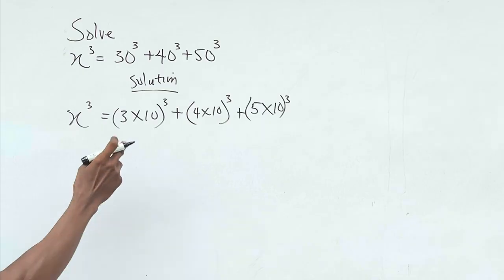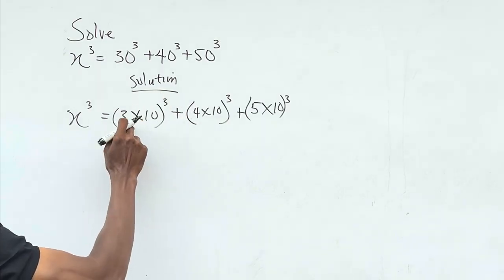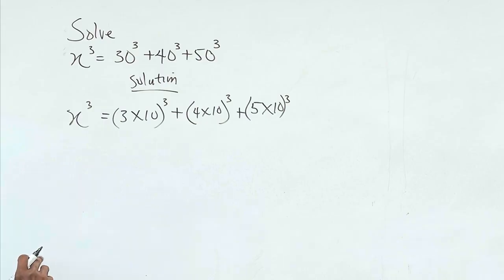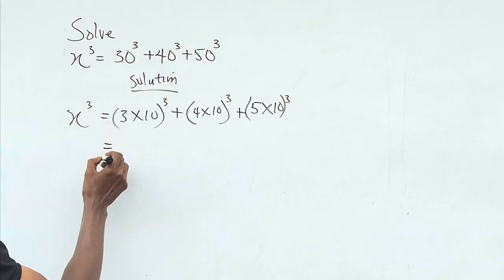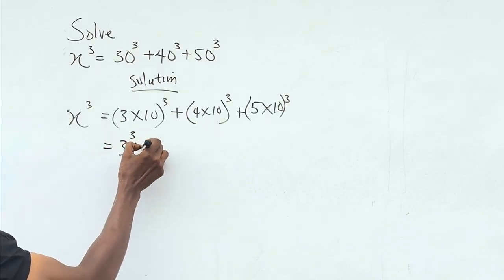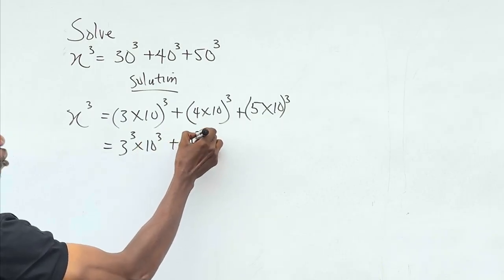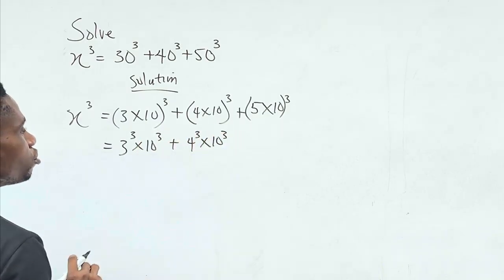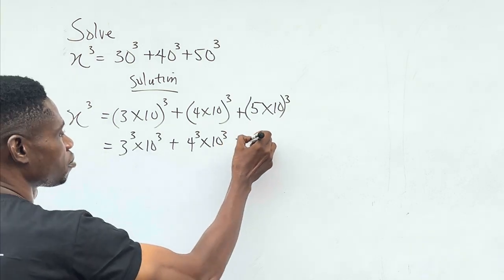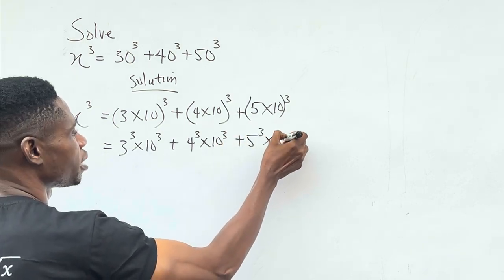Okay, so we can share the cube to the elements in the bracket. So this will give us 3 cubed multiplied by 10 cubed plus 4 cubed multiplied by 10 cubed plus 5 cubed multiplied by 10 cubed.